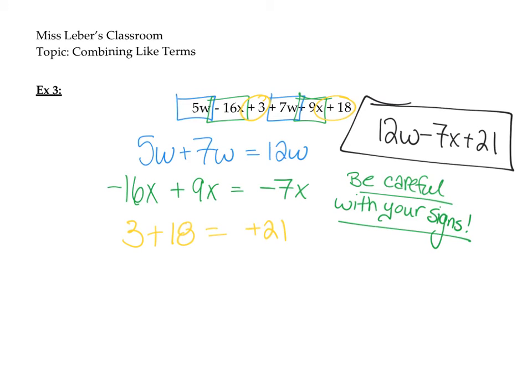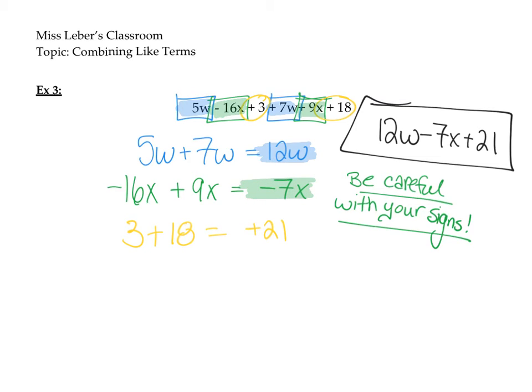Alrighty, so poof, just like that, that's how we solve it. As you were working through it, hopefully you were able to identify the like terms of that 5w plus the 7w. That gives us this 12w right here. Then moving on to the x's, I had that negative or minus 16x, keeping that sign to the left, plus 9x, giving me that negative 7x once we combine our like terms.